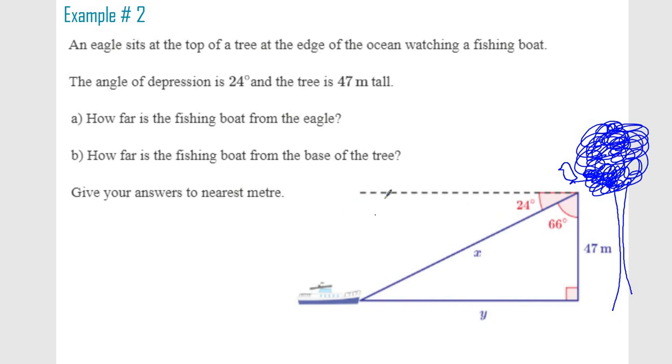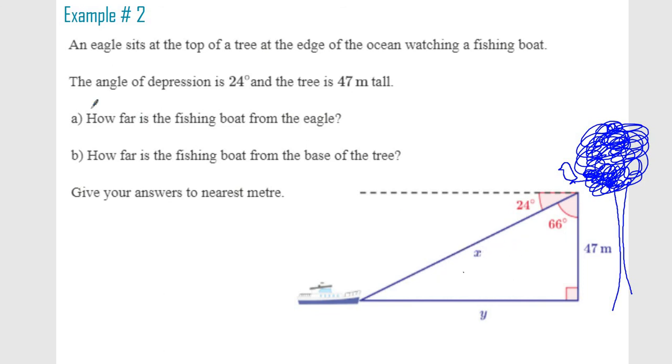Drawing's fun. Here we have the angle of depression is 24, the part that drops down, 47 meters tall. So if that's 24, this is 66, right? So 90 degrees. Then how far is the fishing boat from the eagle?